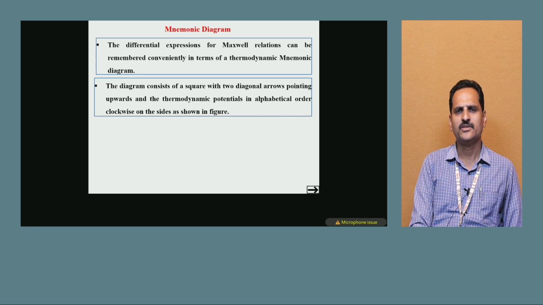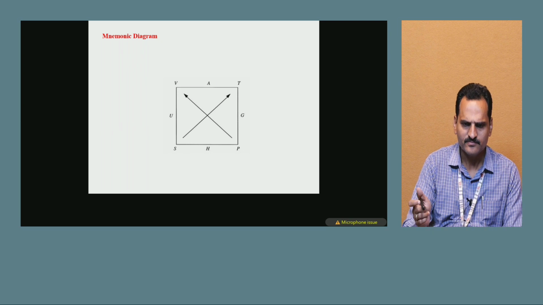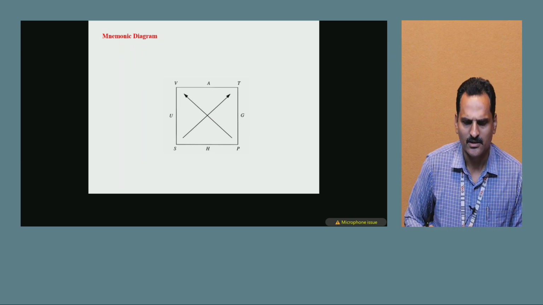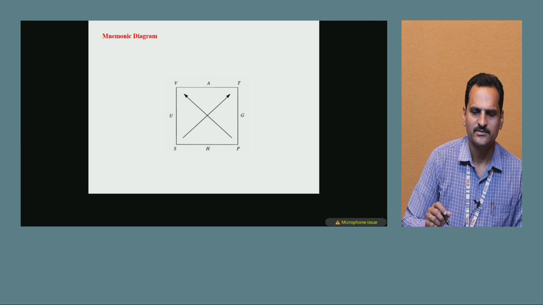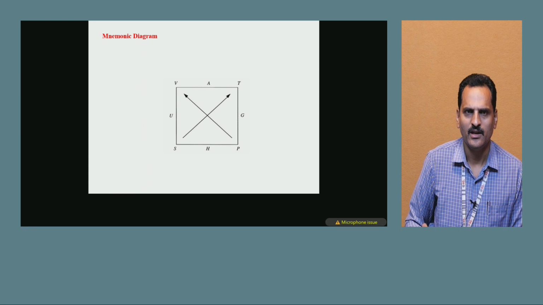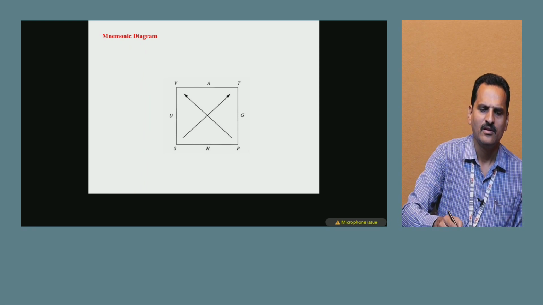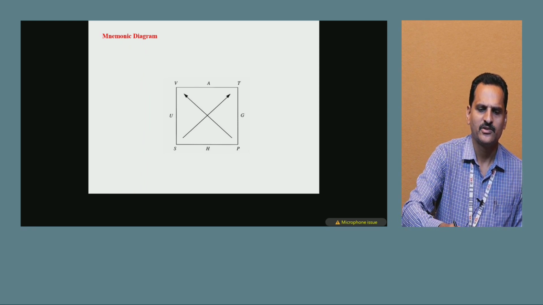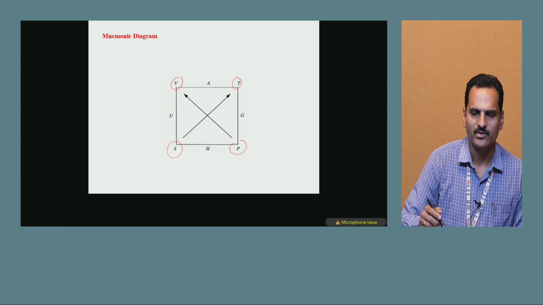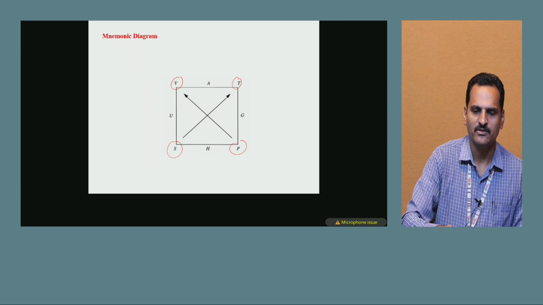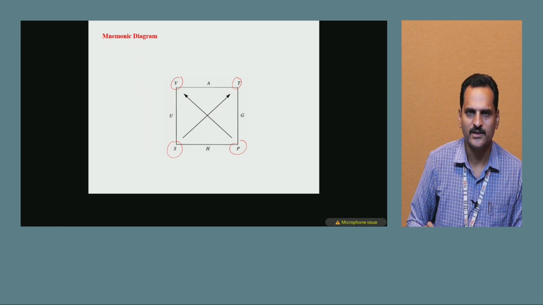Okay, so if you look at this diagram, this is a mnemonic diagram. It seems to be a square. It is a square representation, and all the reference properties, volume, temperature, pressure and entropy, are placed at the four corners of the square.